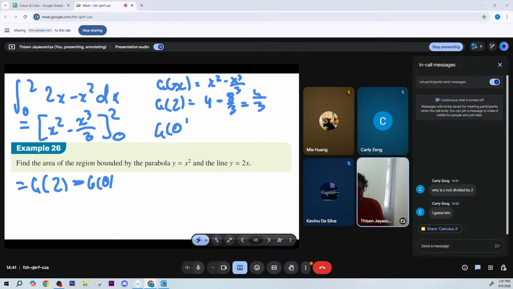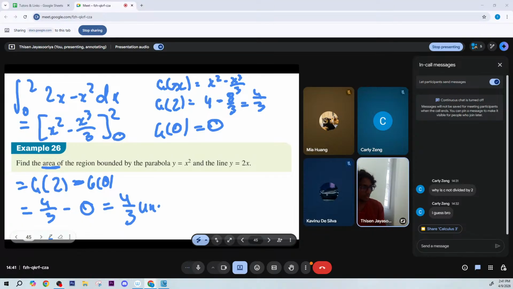And g of 0 equals 0. So we get 4 over 3 take 0 equals 4 over 3. So the area between these two curves is going to be 4 over 3 units squared. That's the bounded area between these two curves. Does that make sense for everyone?